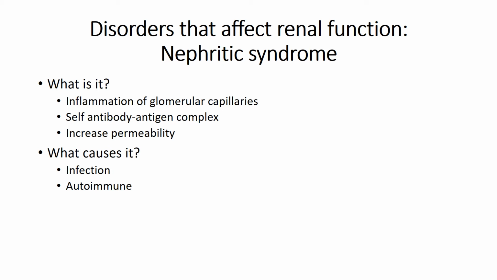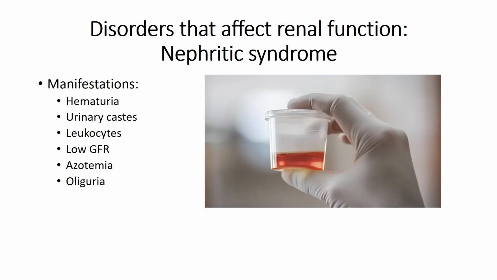So nephrotic syndrome and nephritic syndrome are very, very similar, but they are going to differ in the manifestations that we see. We see the nephrotic syndrome result in proteinuria and lipiduria, whereas in the nephritic syndrome, we find that hematuria is the hallmark characteristic, and also the urinary casts.